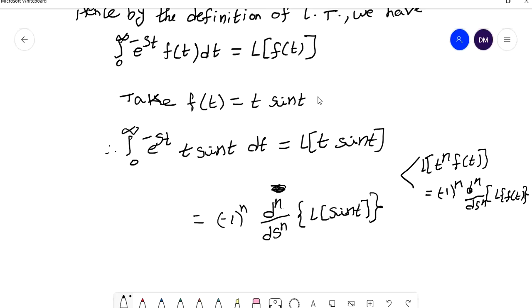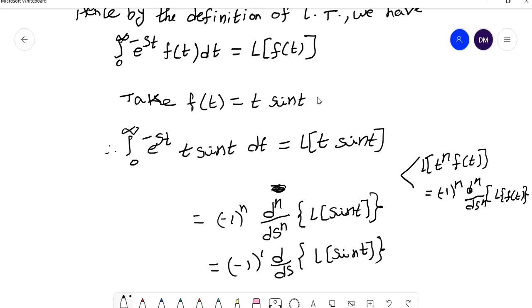Right, in this case f of t means sin t. So this is equal to minus 1 whole power n. The n value here is 1. Minus 1 whole power 1 d by ds of L of sin t.